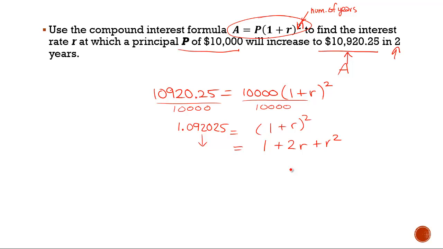Let's subtract so that we can get r squared plus 2r, and then now we'll have 1 minus this 1.092025. That'll be negative 0.092025 equals 0. Now this is definitely not very easy to factor, so let's use the quadratic formula.